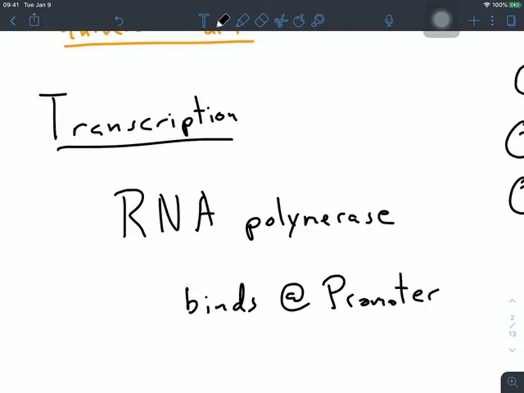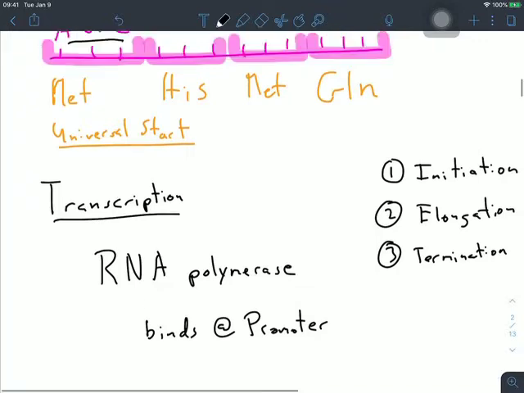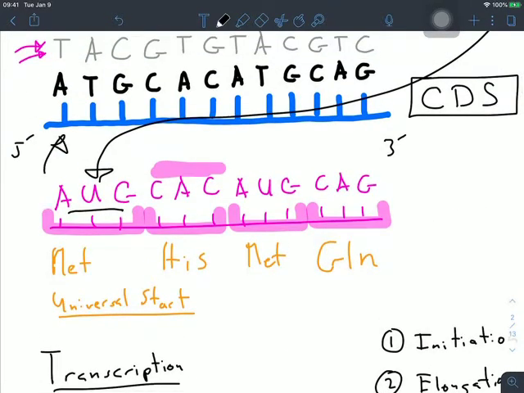In my kind of corny, comedic way, I always think of a promoter as the promoter to a nightclub, a dance club. And so you have this sequence that's in the DNA, but because of the chemistry of that sequence, it does a good job recruiting RNA polymerase.